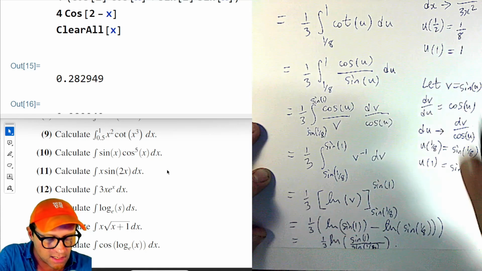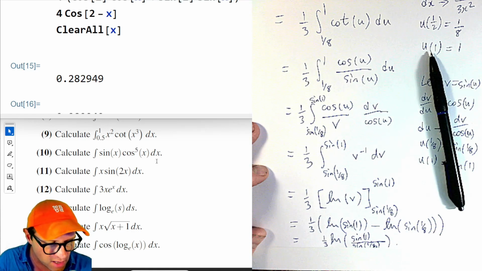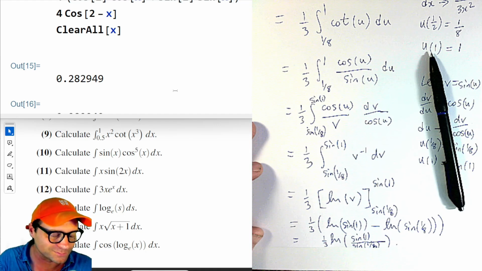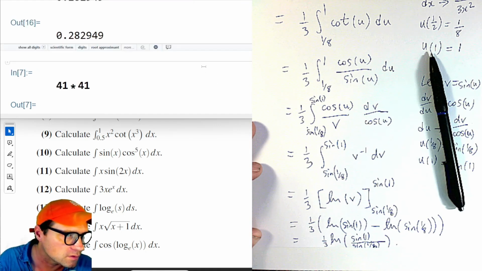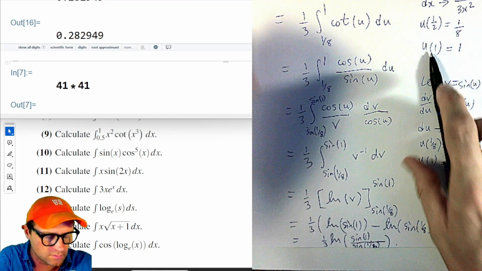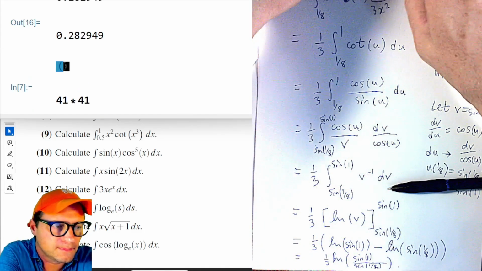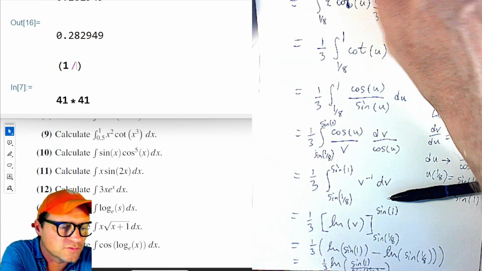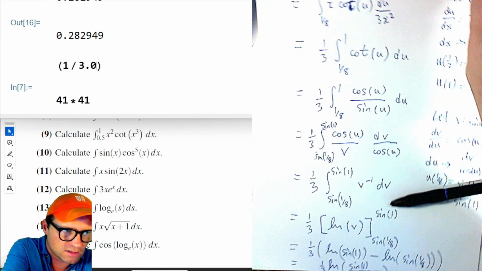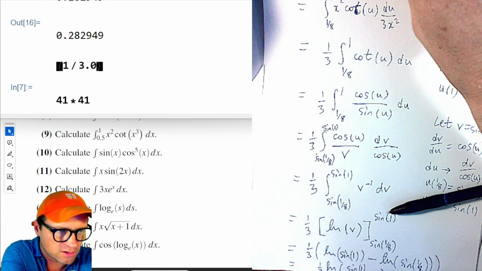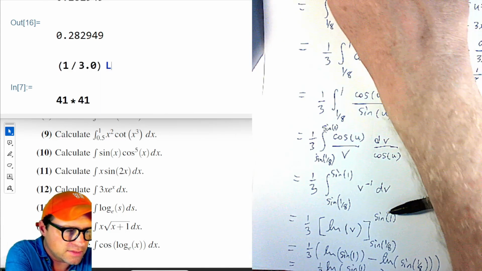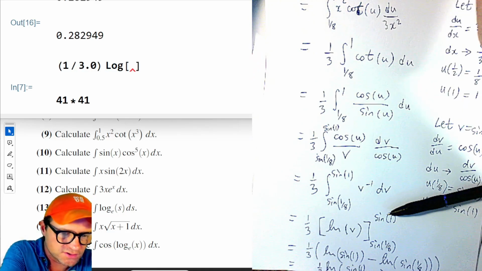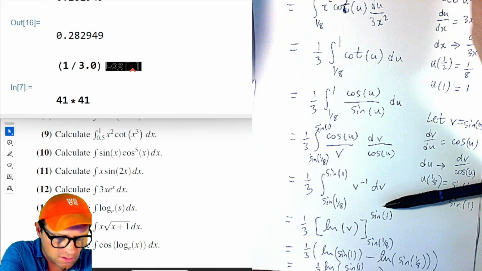All right, and so let's get a numerical value of that also. So 1 over 3.0. This will make sure it comes out numerical. And then I'll just write log. This will be understood by Mathematica as the natural log.